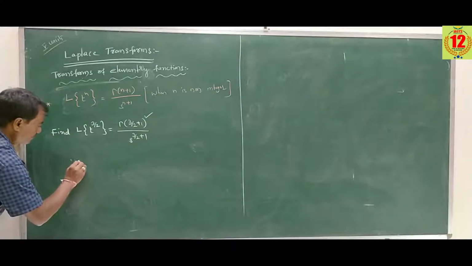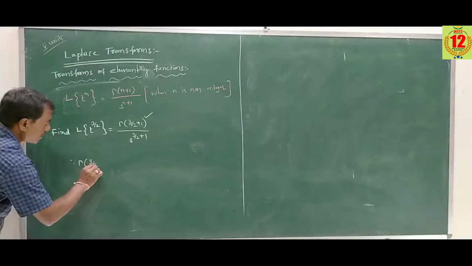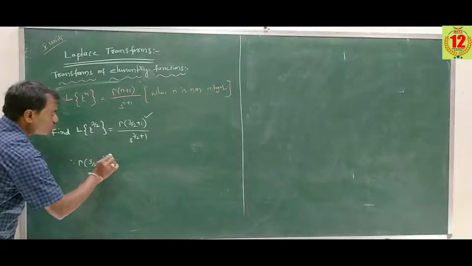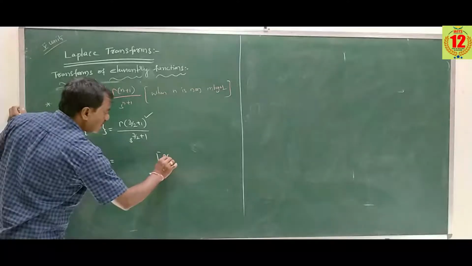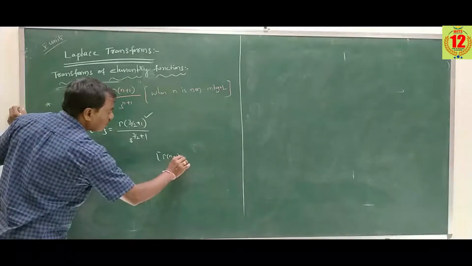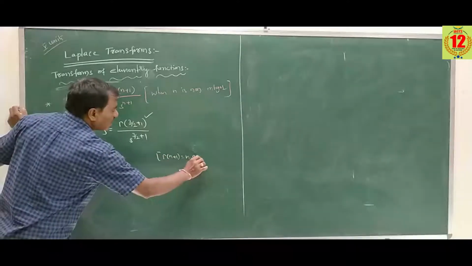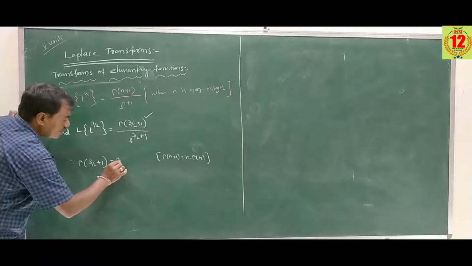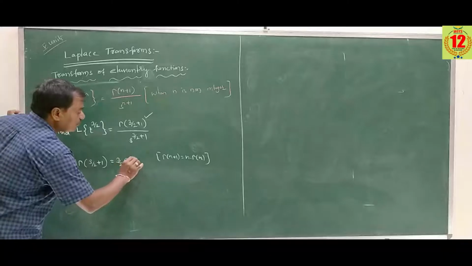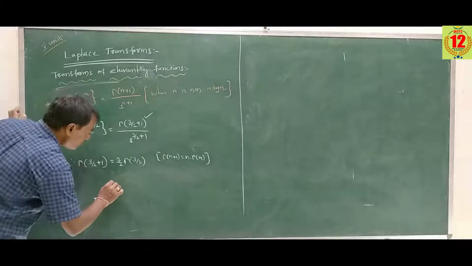Now since gamma of 3 by 2 plus 1 equal to, this is in the form of gamma of n plus 1 equal to n into gamma of n. So here n equal to 3 by 2, so that's why 3 by 2, gamma of 3 by 2.